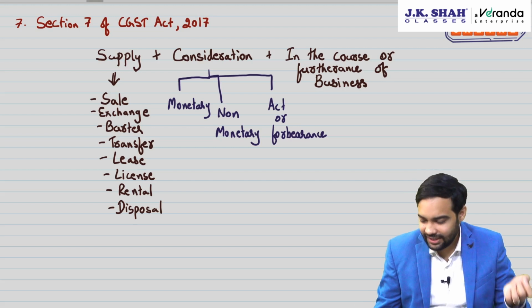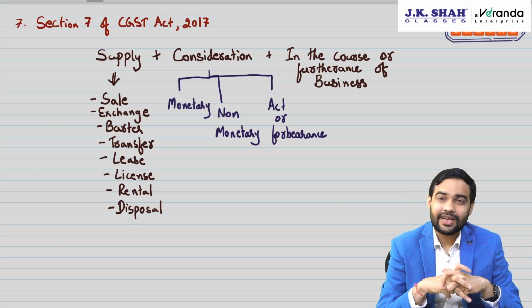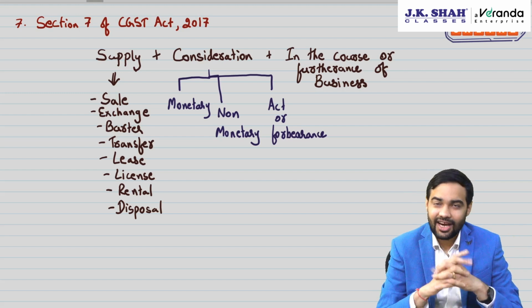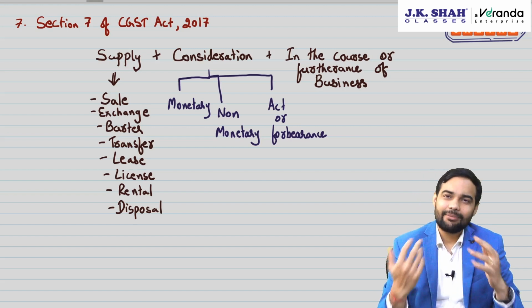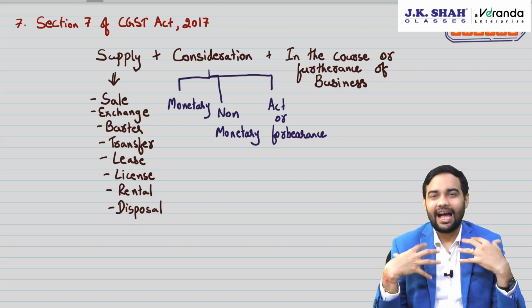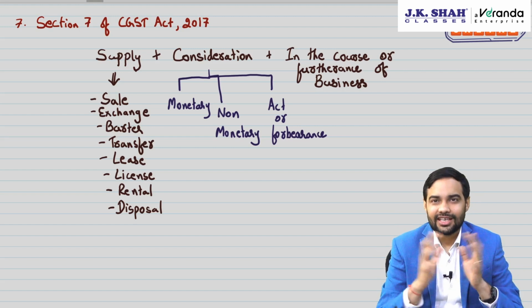Now, be very careful. When we say act or forbearance, there should be a positive agreement for non-performance, like non-compete agreements. What happens in non-compete agreements? I agree not to compete against you for a consideration.